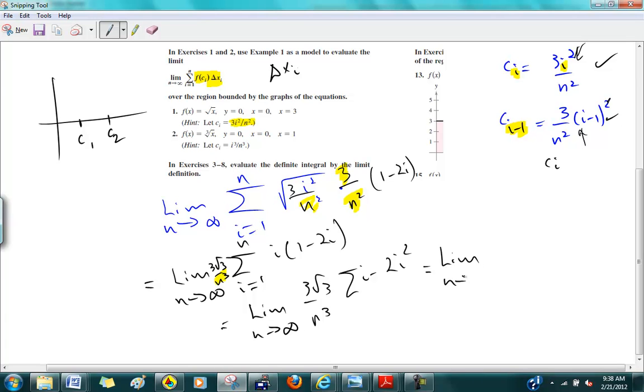Now you invoke your formulas from page 260.